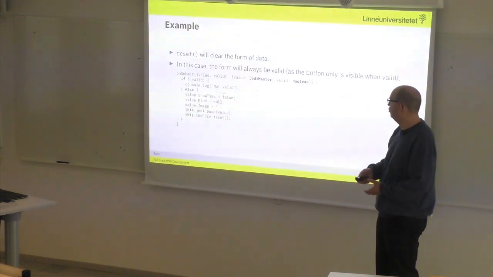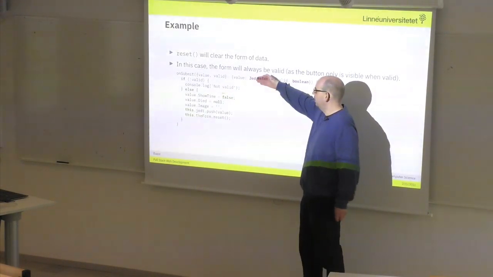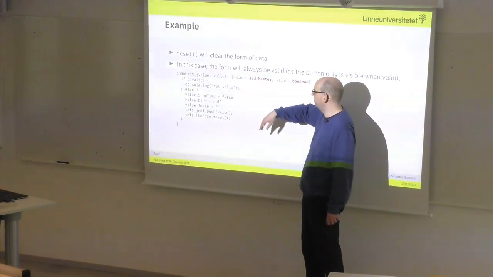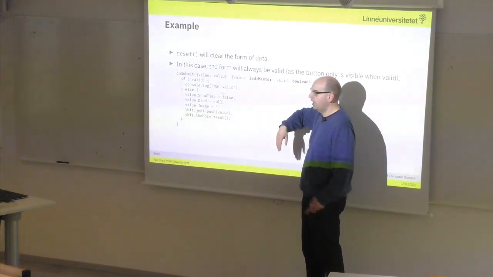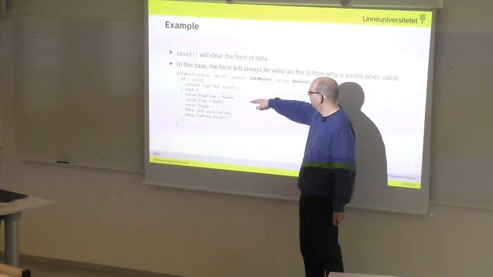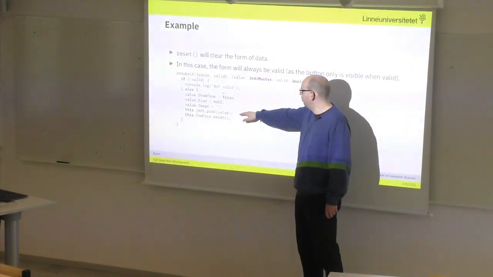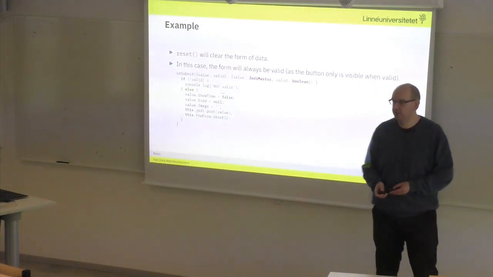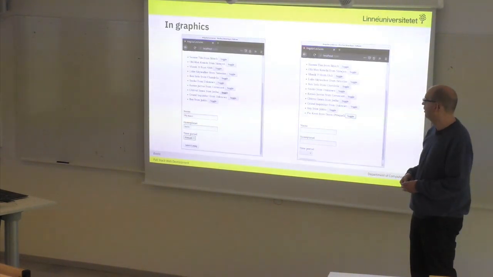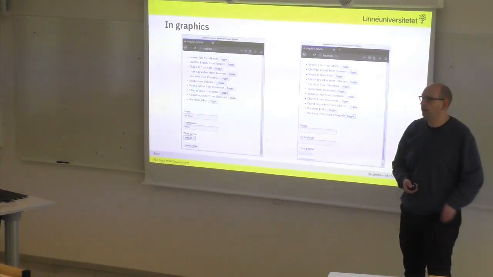We don't need to use that really in this case, because you cannot push the button unless it's valid. But we can check for validity, and if it is valid, we add show time, died, and so on, image, things that don't really matter, and then we push this value and call reset in order to reset the form itself. Yeah, and it looks good. It pops up over there.